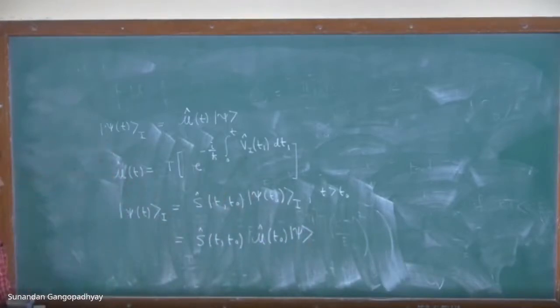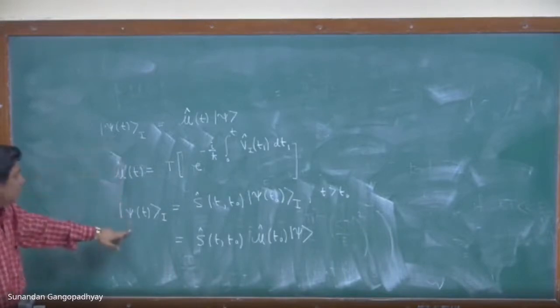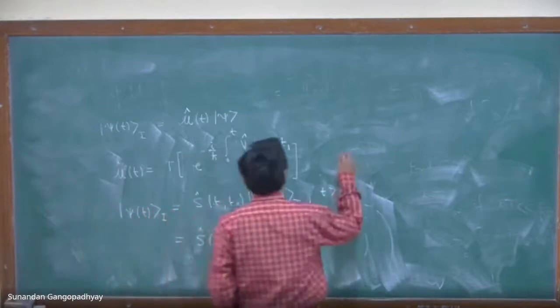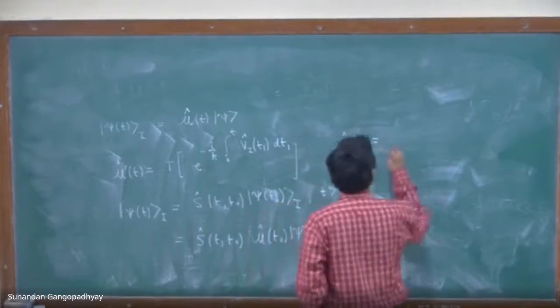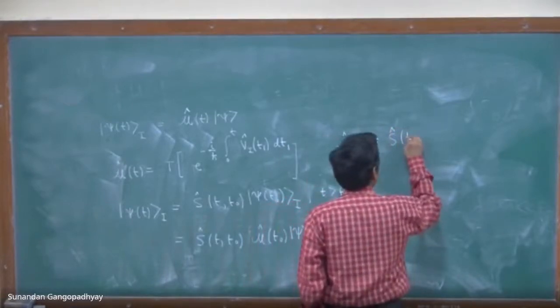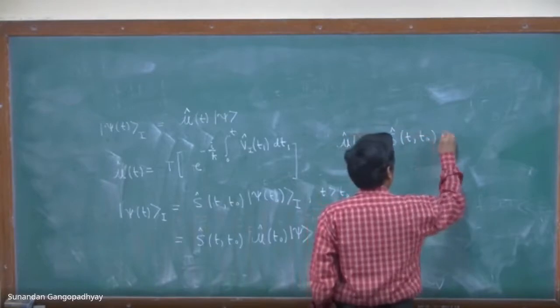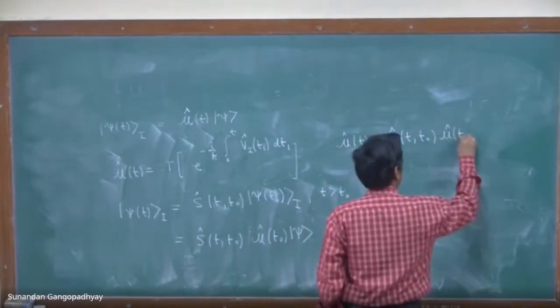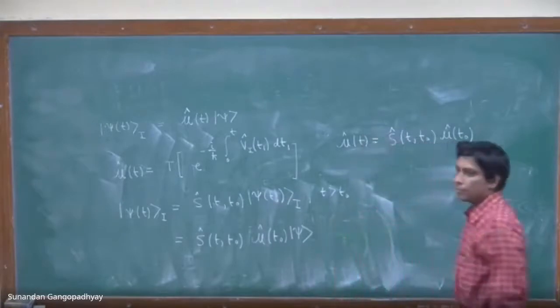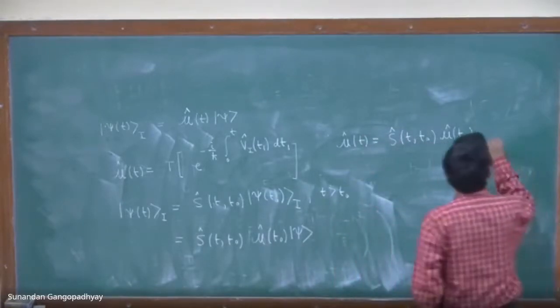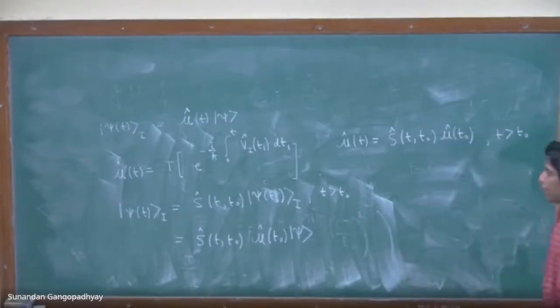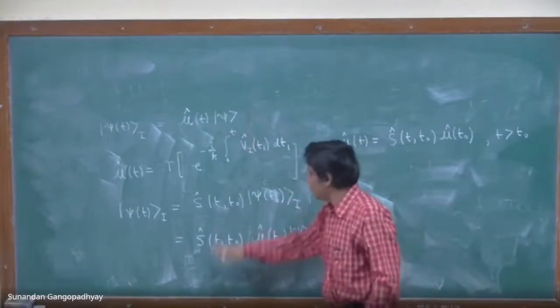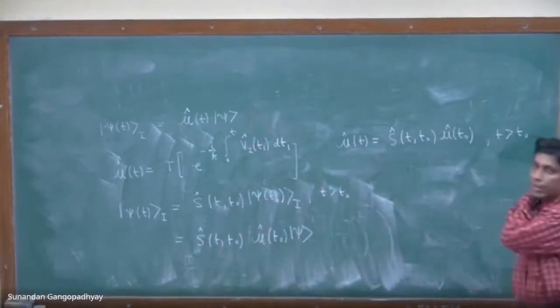Now, if you just compare this with this, we can immediately see that U hat t is equal to S hat t comma t naught U hat t naught. So this is the relation that we get. Remember that t is greater than t naught. By comparing this relation with this relation, it immediately follows that this is equal to this.